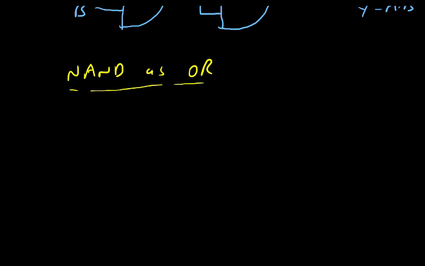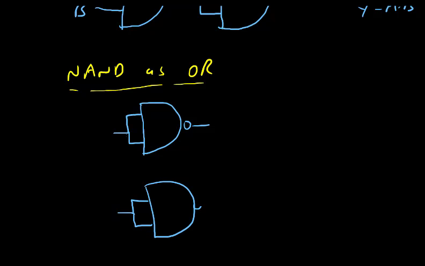Here the first gate has its inputs shorted. Then the second gate, in the same way, has its inputs shorted. Then both go to a third NAND gate.